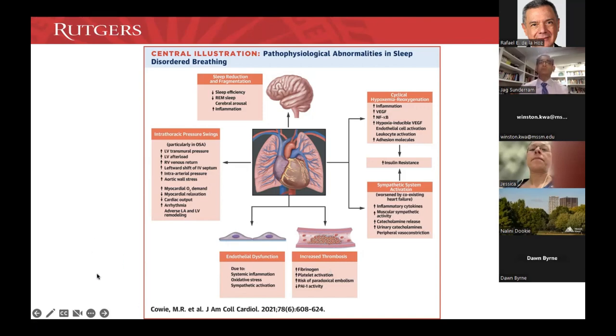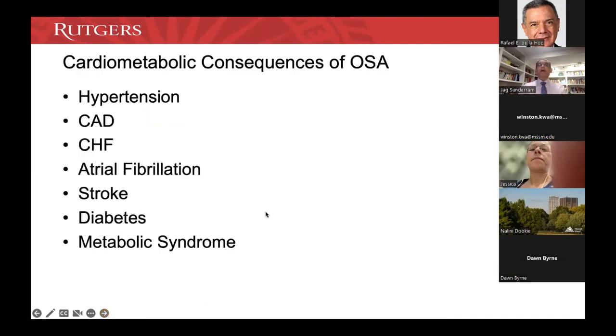So there's good biological plausibility for concern regarding cardiovascular risks as a result of these repeated obstructive apneic events. What has generally been the dogma is that there are consequences of OSA, including hypertension, coronary artery disease, CHF, atrial fibrillation, strokes, and in addition, diabetes and metabolic syndrome.